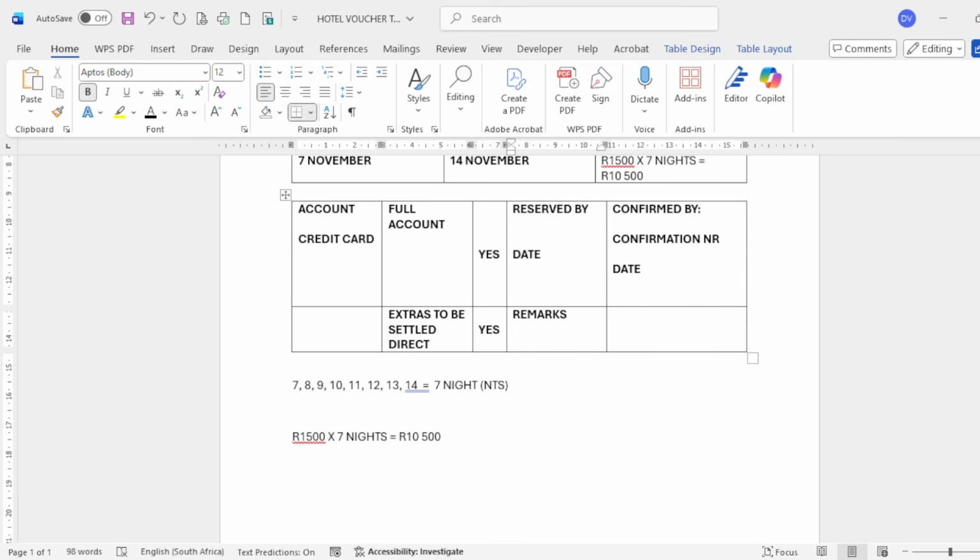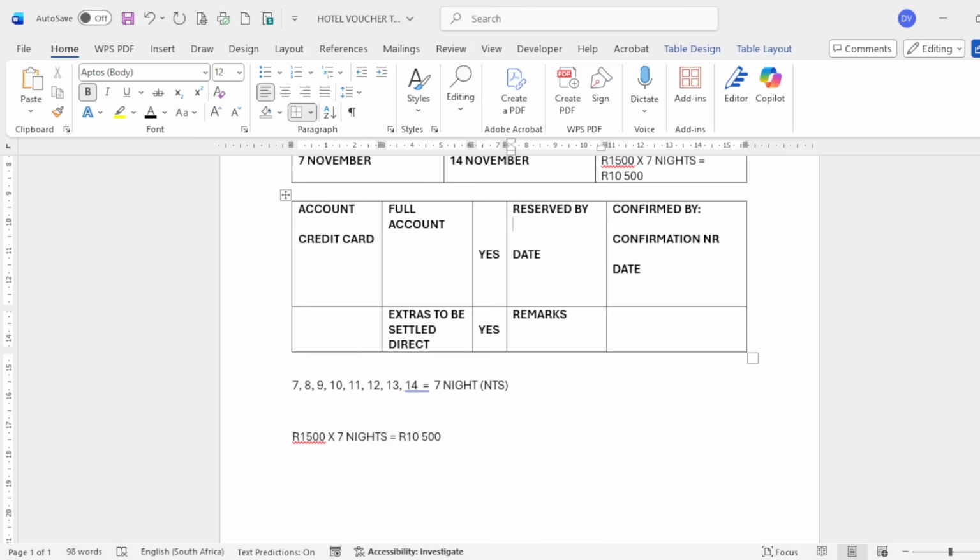Who reserved the booking for him? Who booked the hotel for him? And this is the travel agent. And in the case of Travel Services N4, you are the travel agent. It means that you will write your own name in this block.